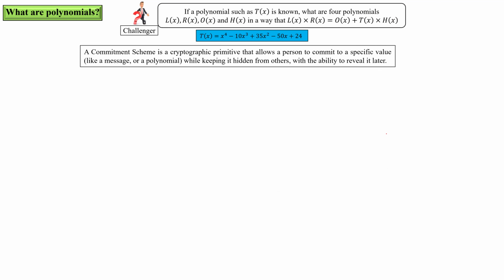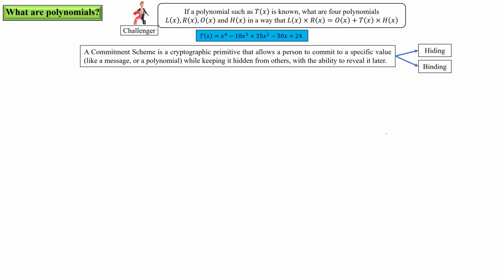So now we want to use a commitment scheme to improve the previous protocol to address the soundness concern of it. Okay, a commitment scheme, as we discussed, provides two properties, hiding and binding.